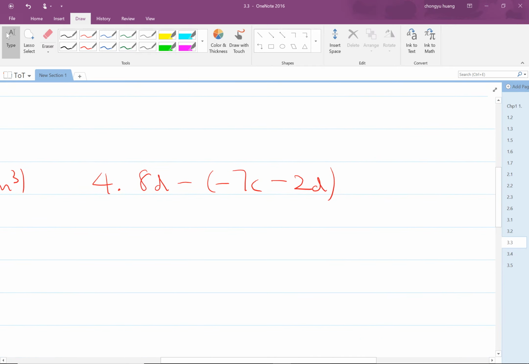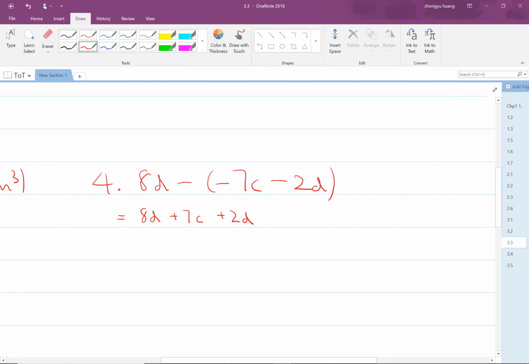Question 4 again, you have to put out the thing, right? So over here what we have is 8d, and then minus bracket minus 7c, so it just basically becomes plus 7c, right? And then we have negative 2d, so it just becomes plus 2d, right?